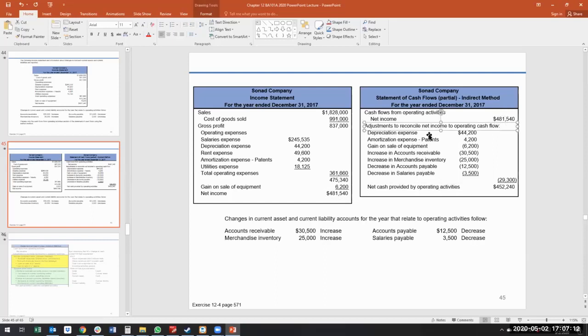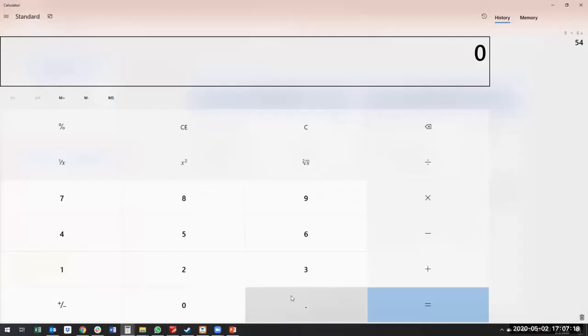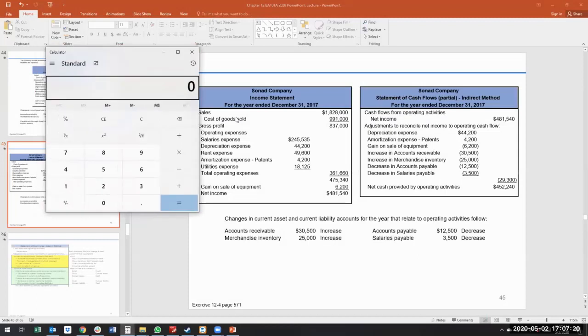Then we're going to add back non-cash expenses. What are our non-cash expenses? Our non-cash expenses here are our depreciation expense and our amortization expense. So we're adding back those two pieces. Is there any other non-cash expense or gain or loss?